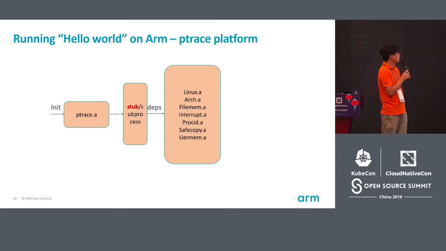So this is the hello world code level demo. You can see that all the .a documents have been enabled, including architecture, file memory, interrupt. Later, I will give you a demo of how it is running on the ARM platform.